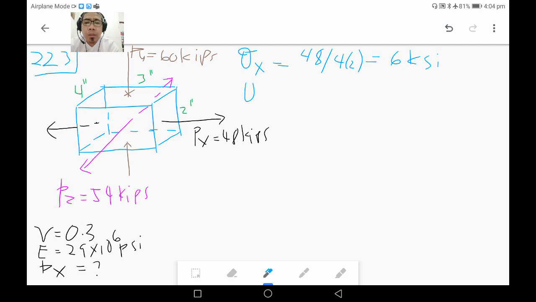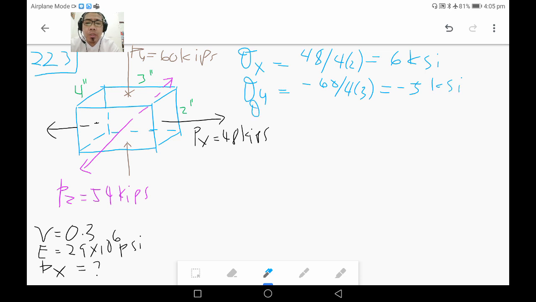Okay? And the stress in y, the force in y is 60. That is negative 60 kasi compression. And the area in y is 4 times 3. So that is divided by 4 times 3, and the answer is negative 5 ksi.